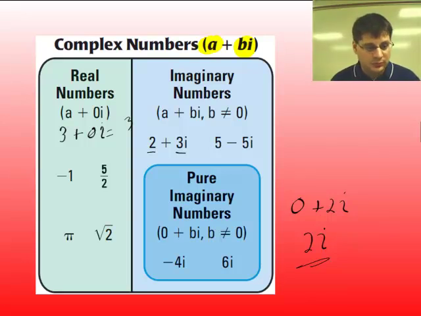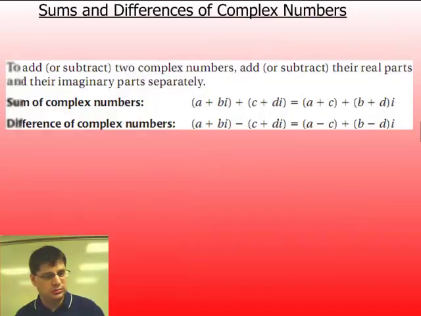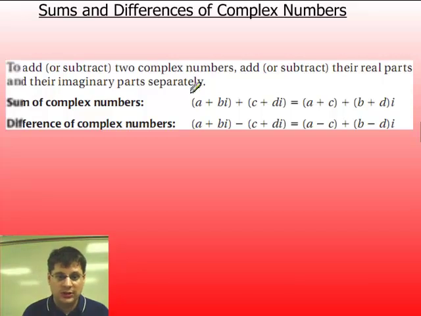So let's look at how we can deal with these complex numbers. We're going to start off with some basic operations with them. So if we're going to add or subtract these numbers, we're going to add only the real parts to the real parts and the imaginary parts to the imaginary parts, because the real and the imaginary parts are incompatible.